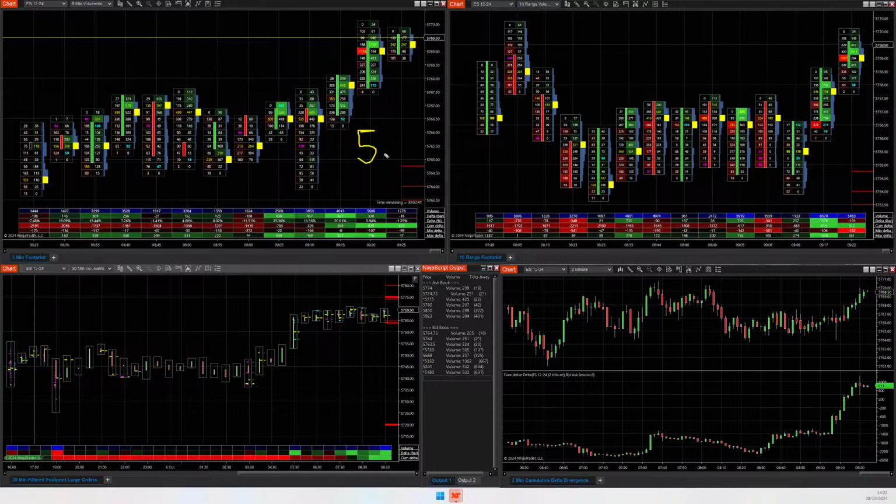This is a 5 min. And this is the 10 range. Call it 10R. And so this works every 10 ticks. It gives a good indication of what's going on. This is like level 2. And then these are the 2 charts I look at mainly, these 2.